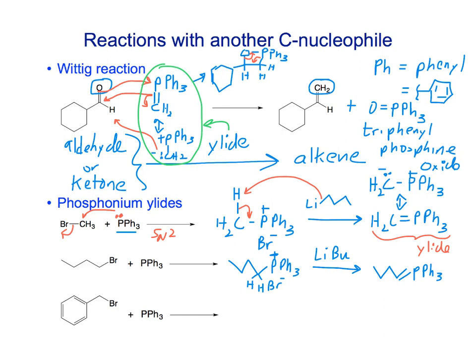All right, we can even do one down here. This is with benzyl bromide. So this would do the same thing. We'd form the salt. Treat that with butyl lithium.